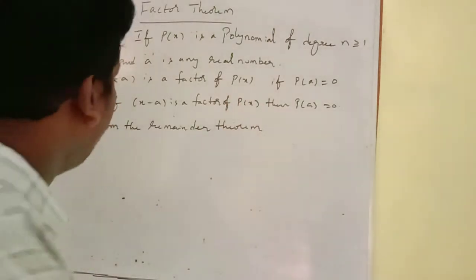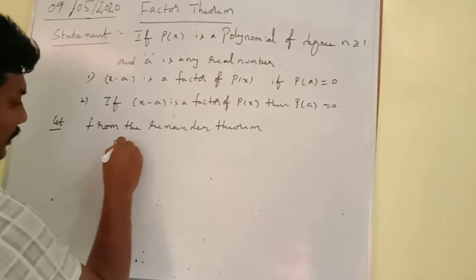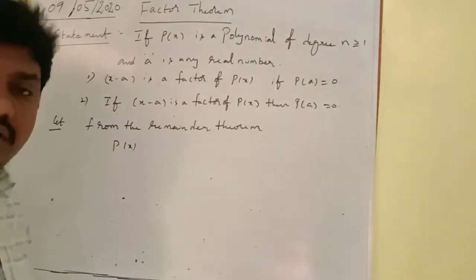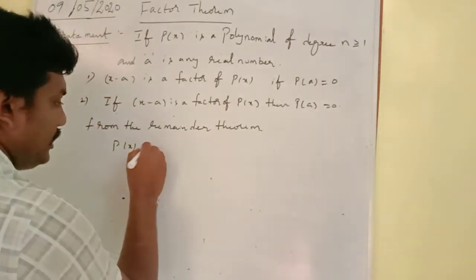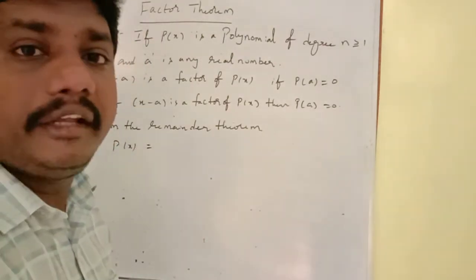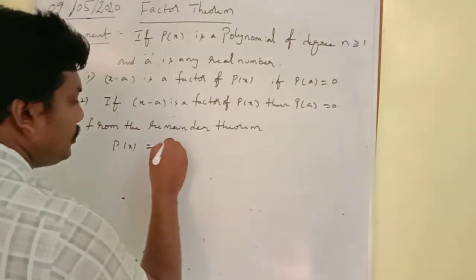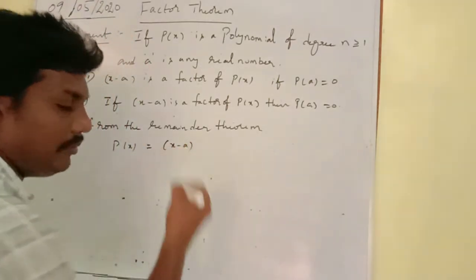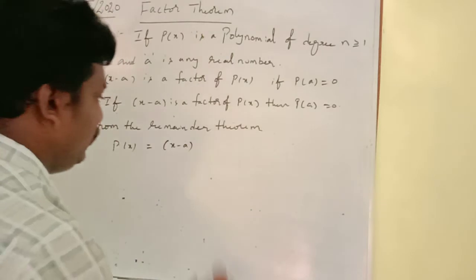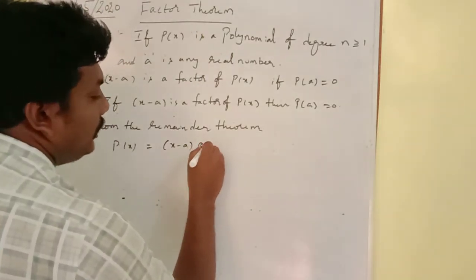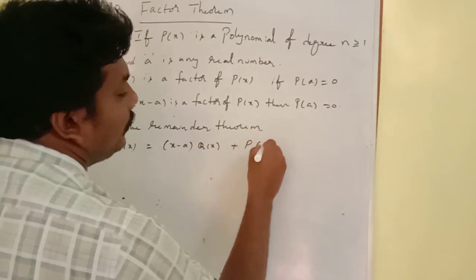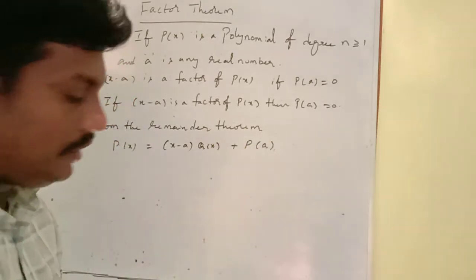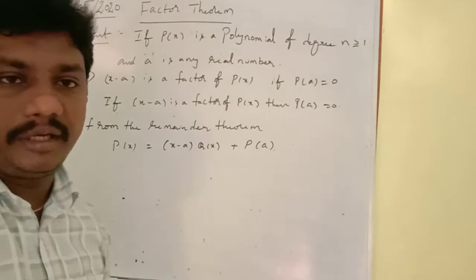It states that every polynomial of degree greater than 1, when divided by a linear polynomial x minus a, gives the remainder p of a. This is the remainder theorem statement.